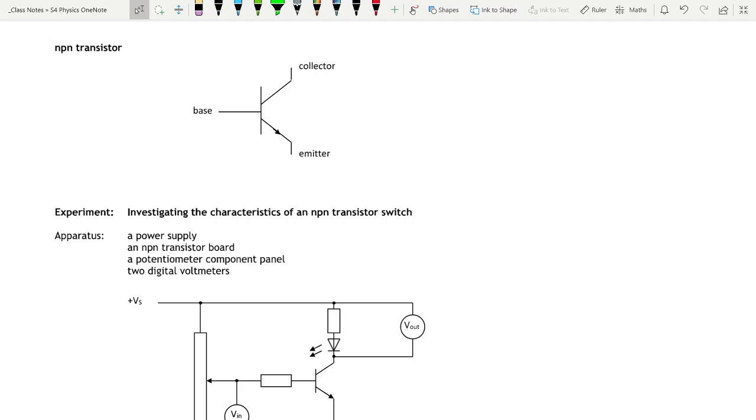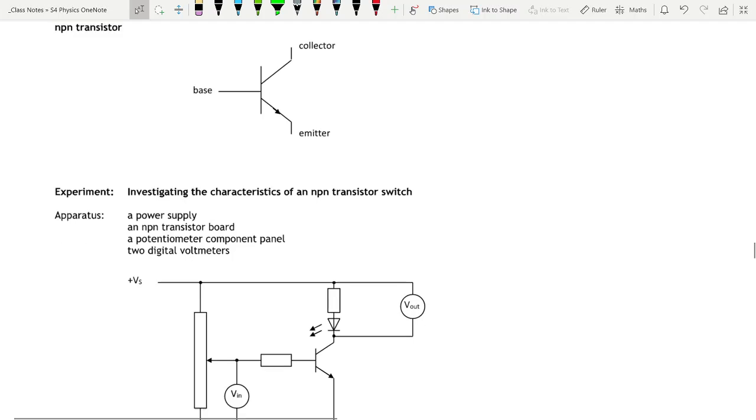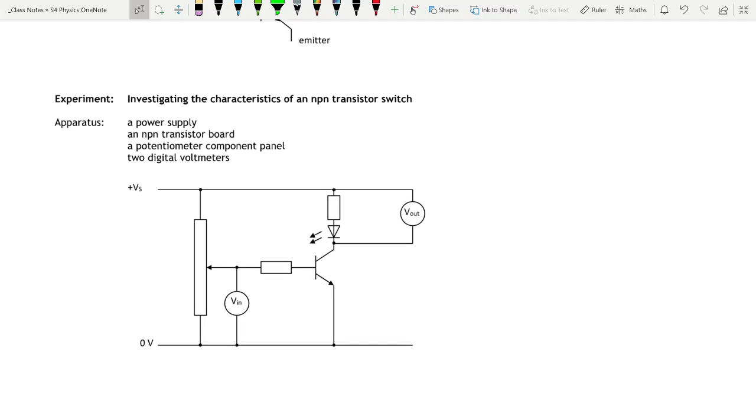So again, an experiment, which I will link you to a video of, but I'm just going to talk you through it. So we can see here, we've got a transistor. That's where our transistor is. So what happens is, we know this part here is a potentiometer. So we can move that slider up and down, and we can make it a smaller voltage if it was here, or a bigger voltage if it was here.